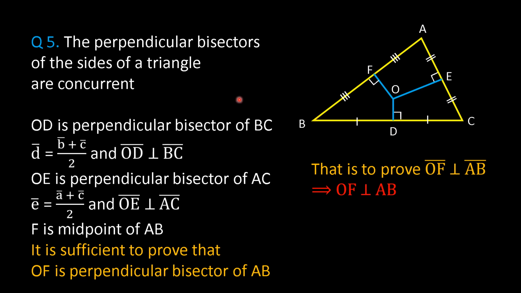And this is what we have to prove. The perpendicular bisectors of the sides of a triangle are concurrent, that means they pass through the same point. This common point is known as circumcenter.